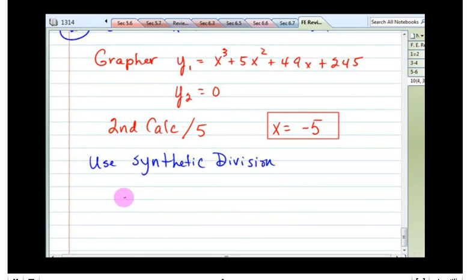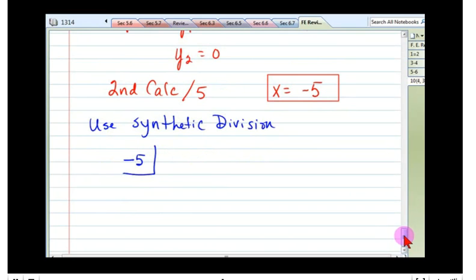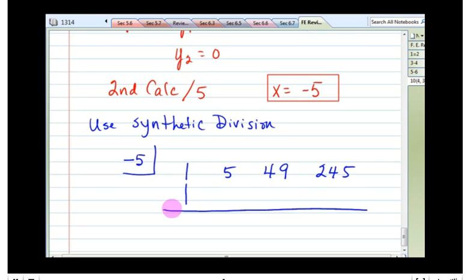All right, so we put -5 in our little box, and we write down the coefficients of the equation. So we have a 1, a 5, a 49, and a 245. We draw a line. We remember that this guy goes down, so we have 1 here.